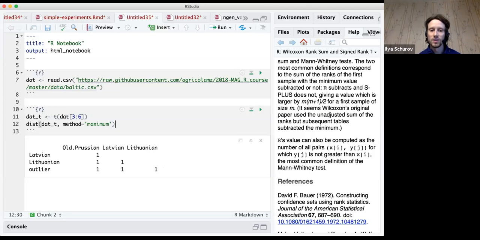Yeah, this is just 1, 1, 1, 1. So you see that in this case, this method is not very informative because it just says that the maximum distance between all our rows is just 1, because this is what we have.